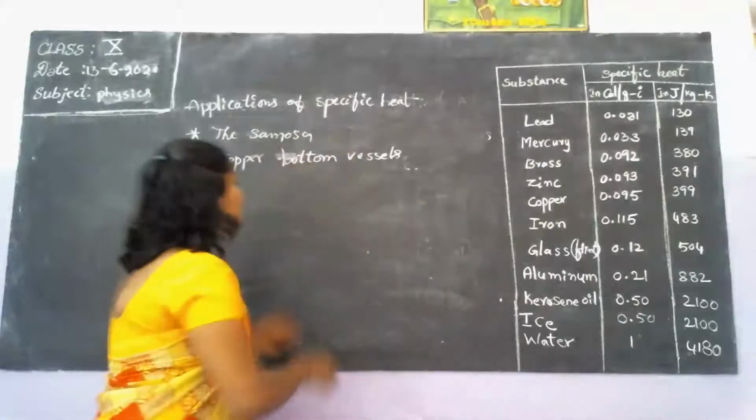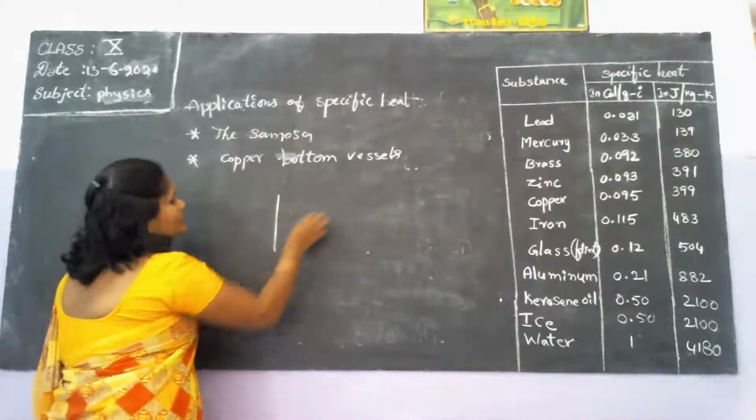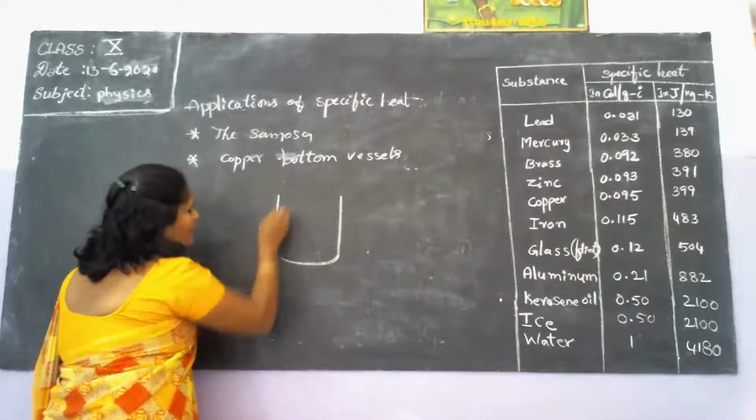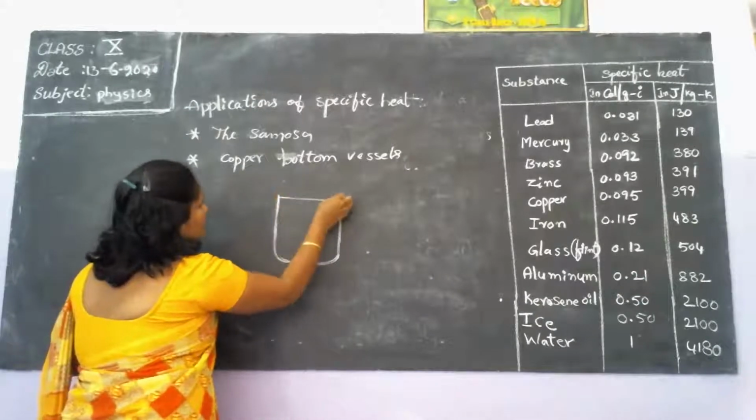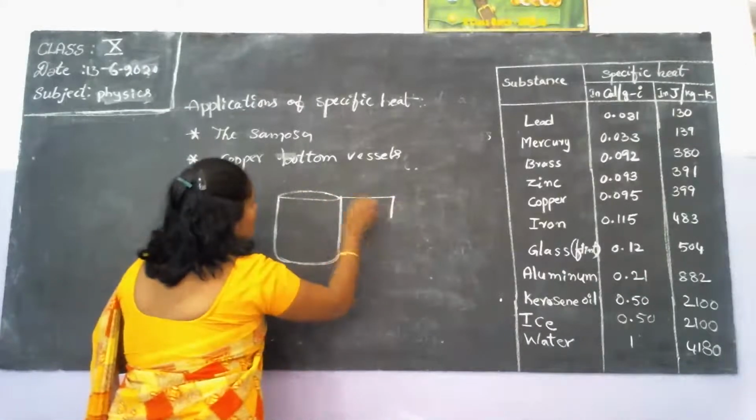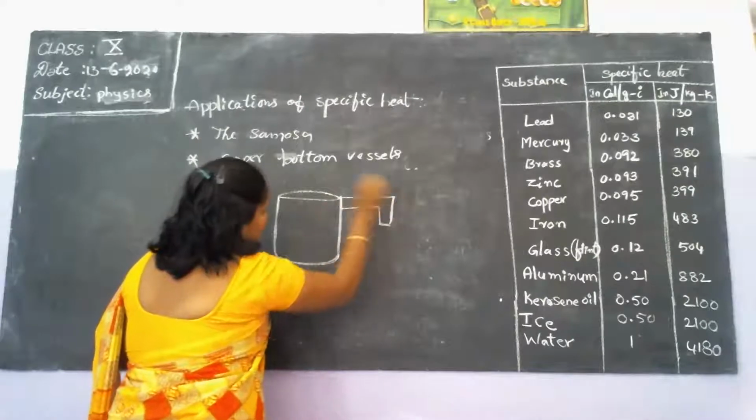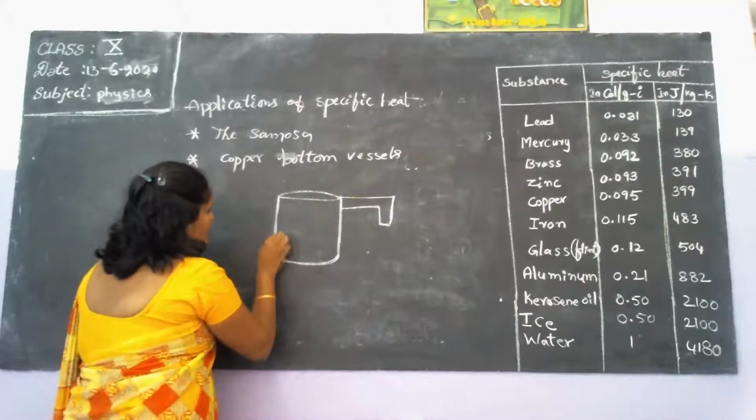See here, I draw a diagram. This is a copper vessel. This is the handle.